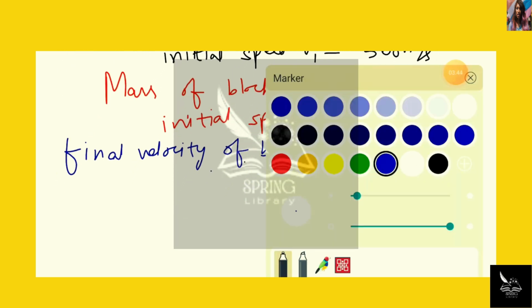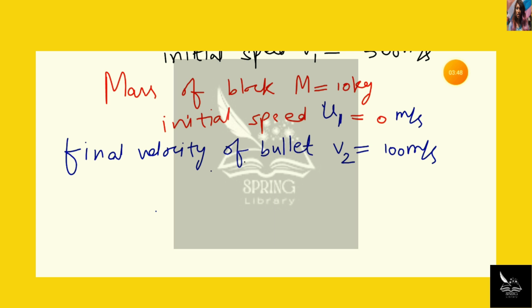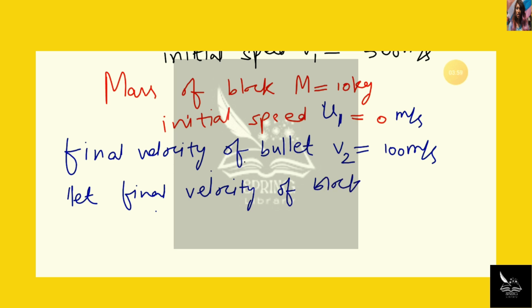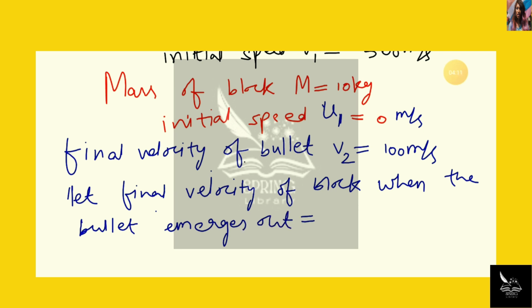Now let us consider that the final velocity of the block, when the bullet emerges out, is v.